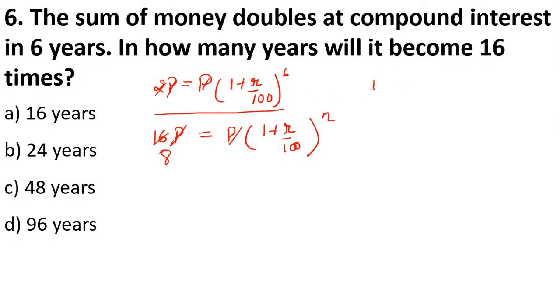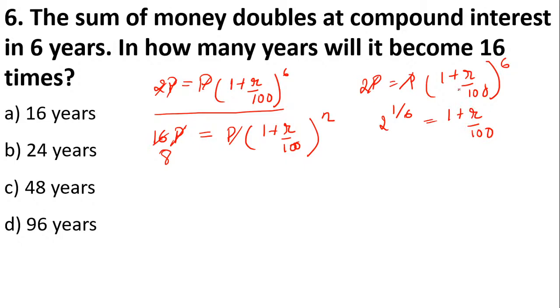If I write it as 2P is equal to P into 1 plus R upon 100 to the power of 6, I can write it as 2 to the power of 1 upon 6 is equal to 1 plus R upon 100.